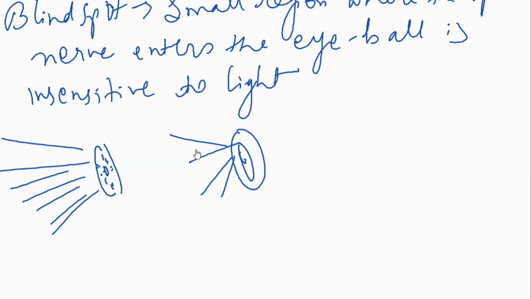Causes of myopia? Larger eyeball, and due to high converging power of the lens.